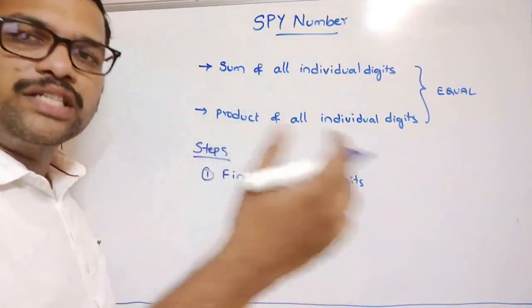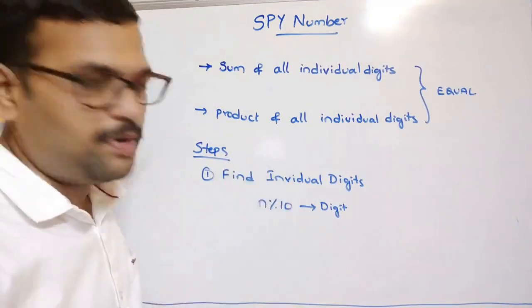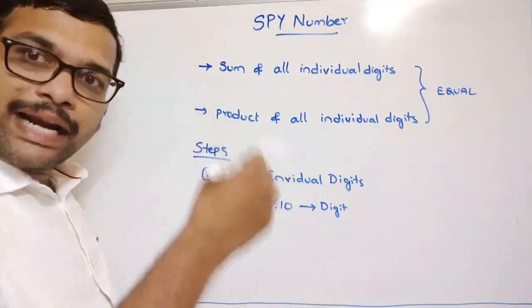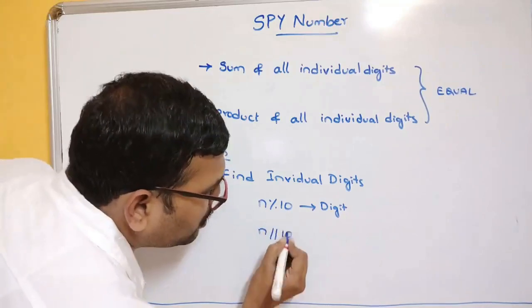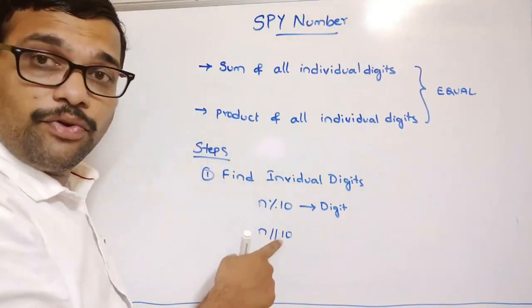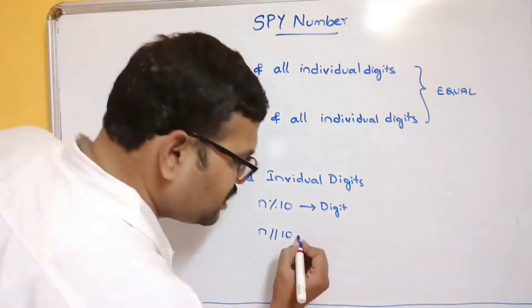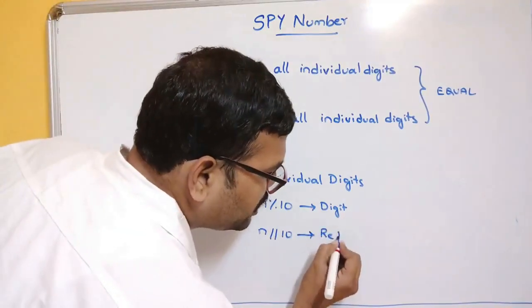It starts from the ones place. And finally, in order to reduce the number for the next iteration, it will be n double slash 10. This is a floor division, which we use to reduce the number.